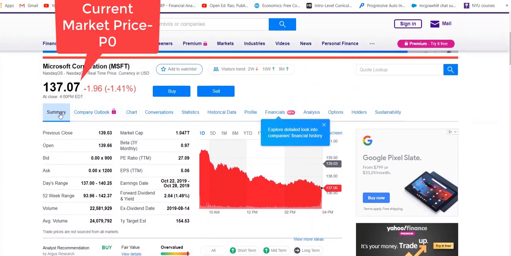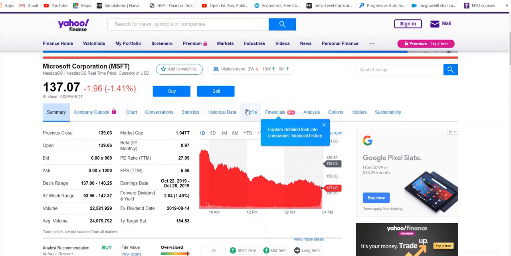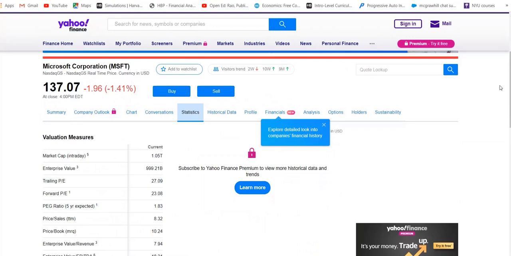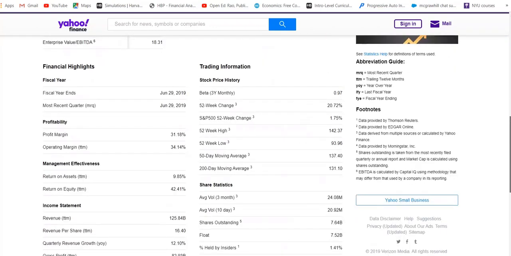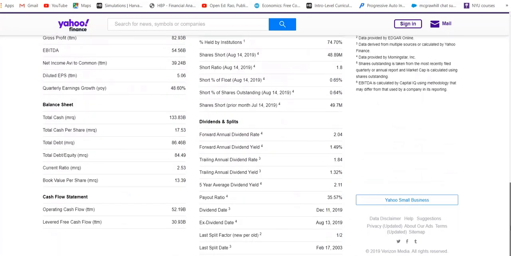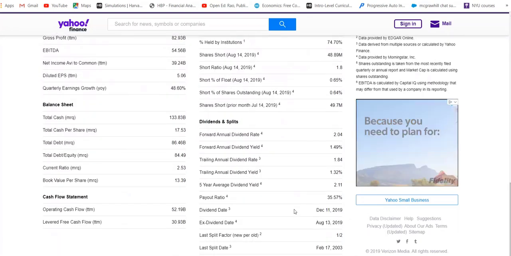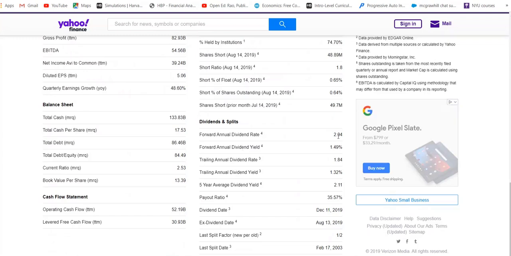It displays many other pieces of information, but they might not be needed. We need to look at the summary tab and also the statistics tab for the growth rate and the dividends data. The forward annual dividend is 2.04. The company has an annual dividend yield of 1.49%, and the trailing annual dividend yield is 1.84.